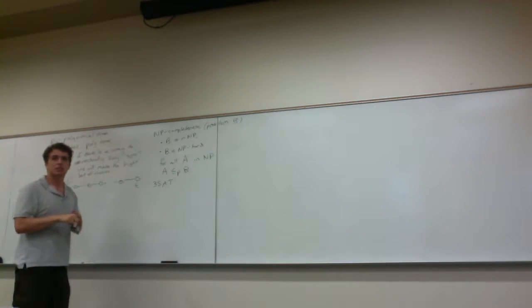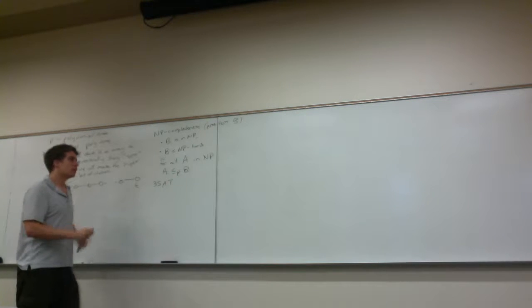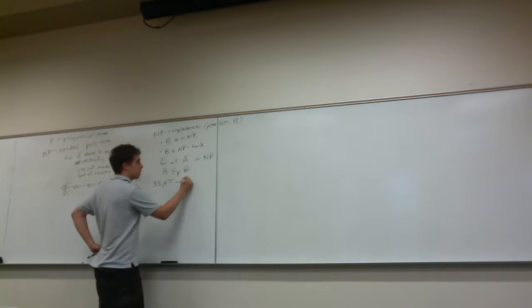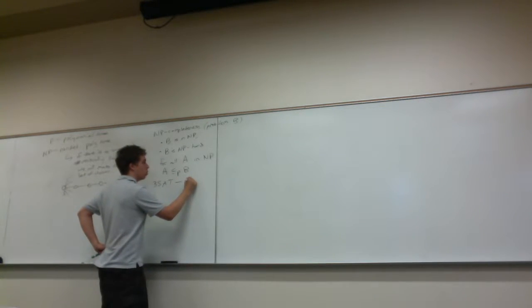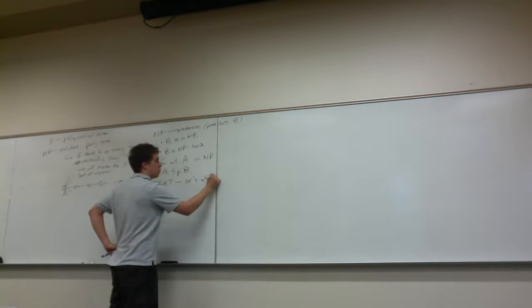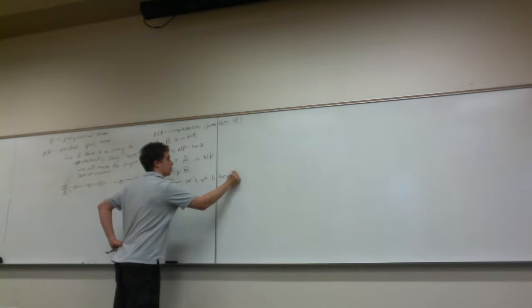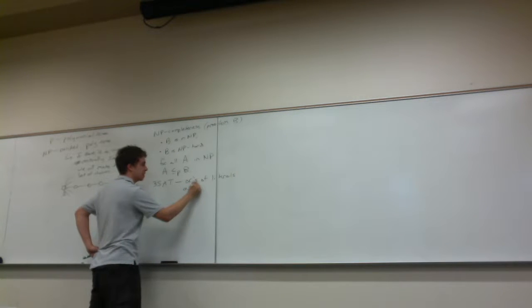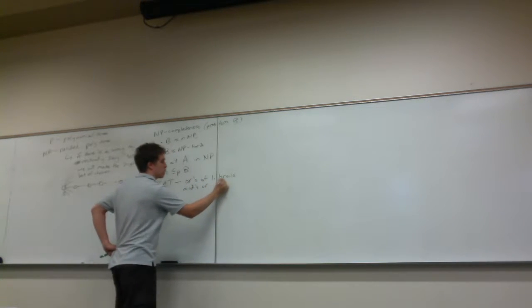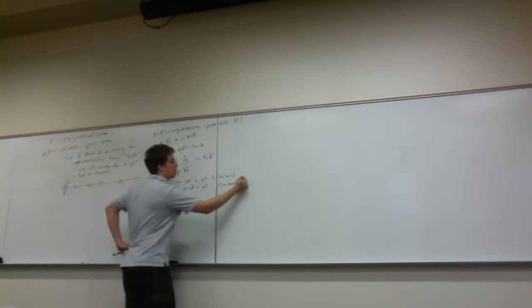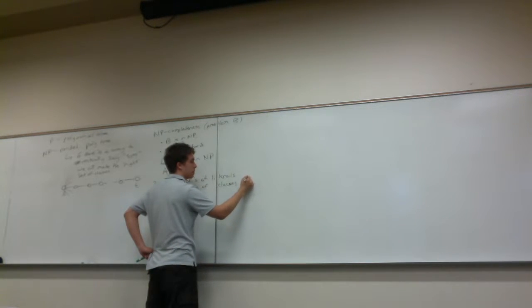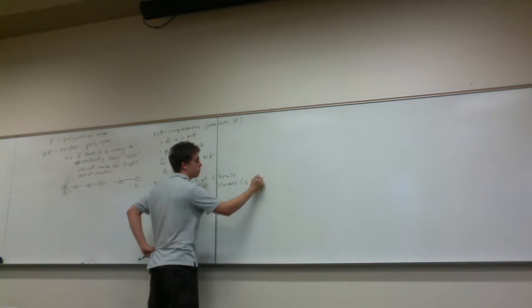So I'm given this 3 CNF formula. So I have ors of what are called literals, and ands of clauses which contain less than or equal to 3 literals.